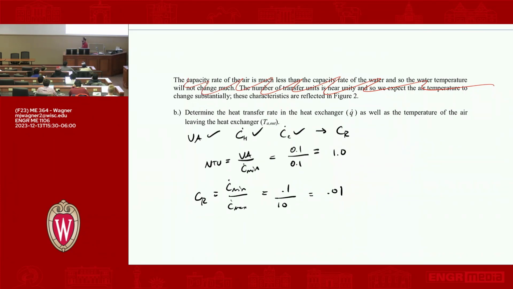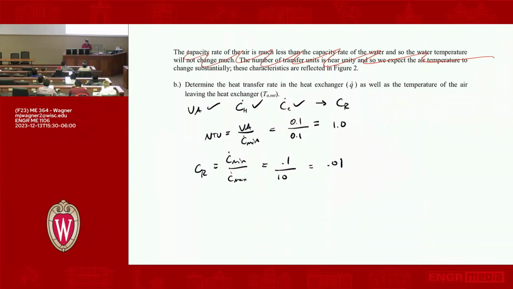So now what can I do? At this point you could say, I'm going to look at the effectiveness relationship, but we actually don't need to do that quite yet. We can use our definition of the maximum heat transfer rate and go that route.